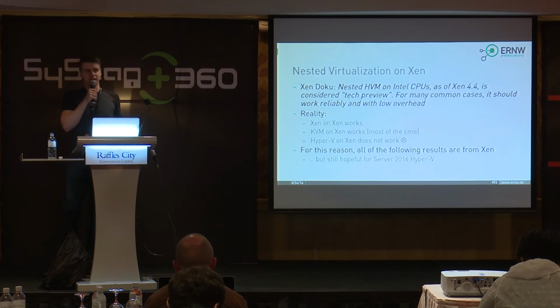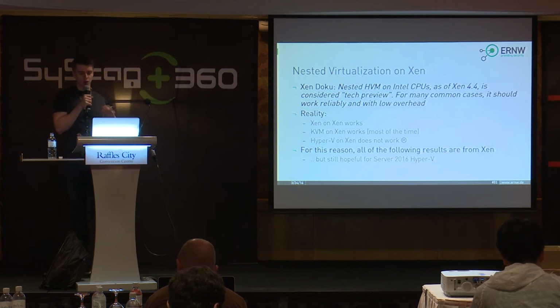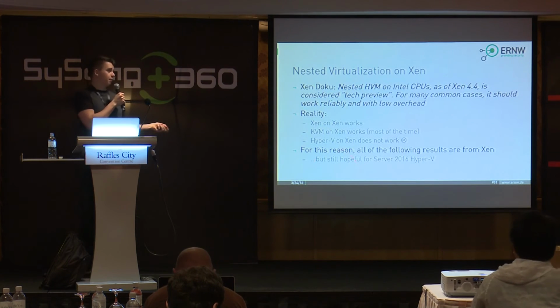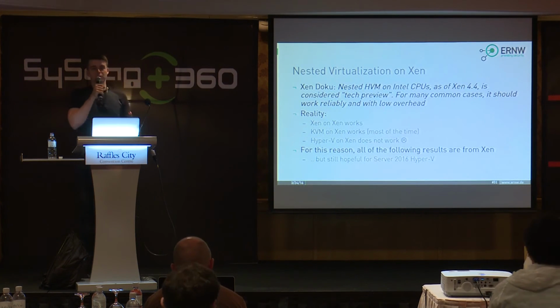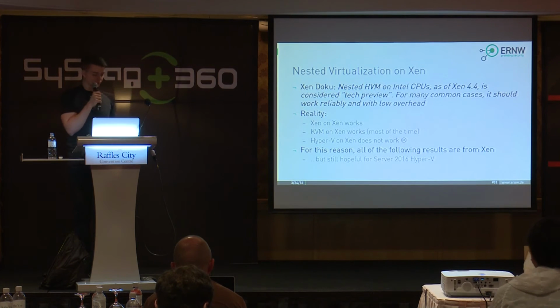It doesn't even get to the boot screen. For this reason, all of the results I discovered with the current invocation are for Xen, because Xen on Xen works quite well. Luckily, Server 2016, the next version of Windows Server, has support for nested virtualization, so then it should be possible to analyze Hyper-V using this toolkit as well.